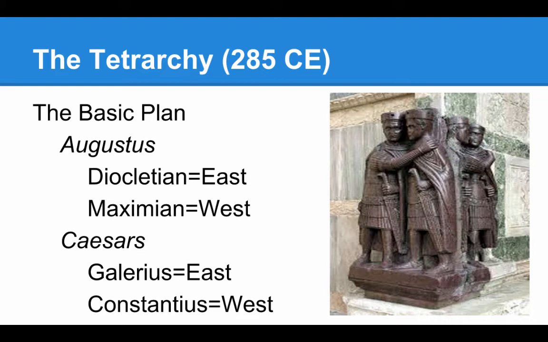Now, these two guys realized the empire was still too big, so what they decided to do was appoint some friends of theirs as subordinate emperors. Those guys got the title of Caesar. In the east, under Diocletian, you had a man by the name of Galerius, and in the west, you had a man by the name of Constantius.